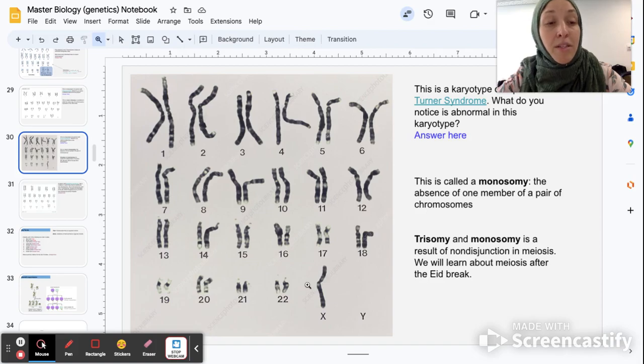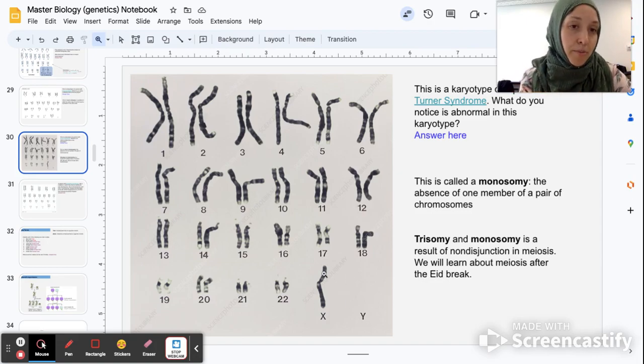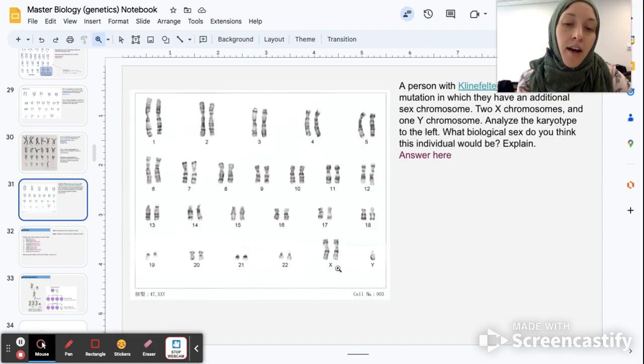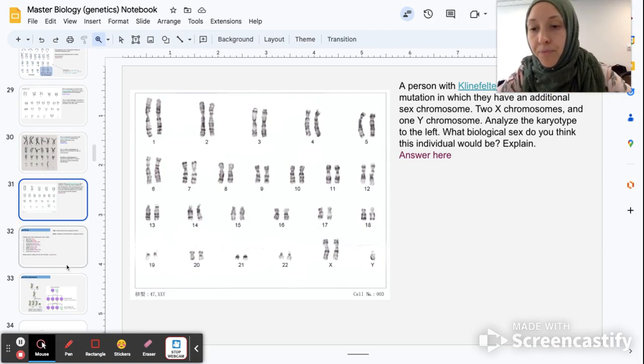One of the gametes was missing a sex chromosome. So it could have been missing an X or a Y. We don't really know, but it was missing a sex chromosome. And in this case, with Klinefelter syndrome, one of the gametes had an extra X chromosome or an extra sex chromosome in it. Okay.